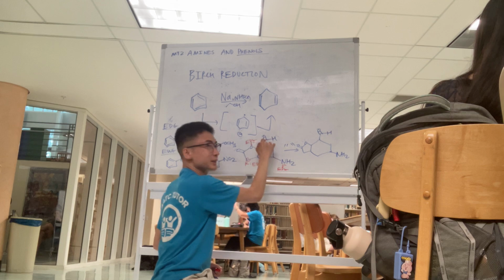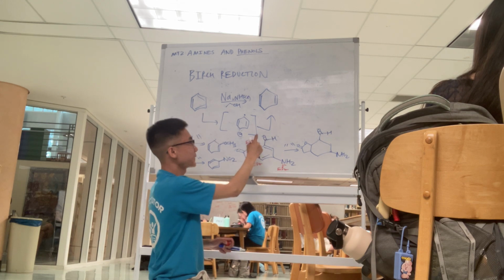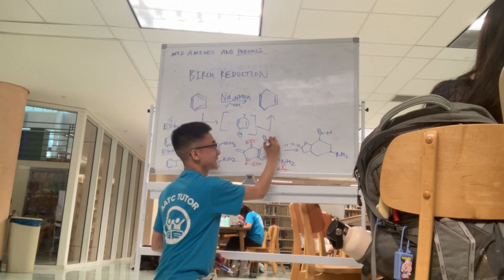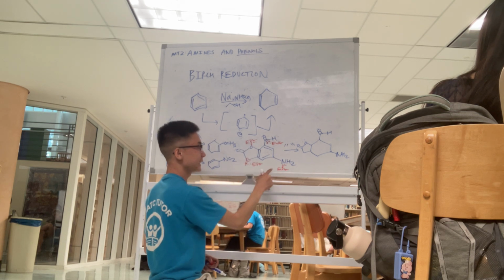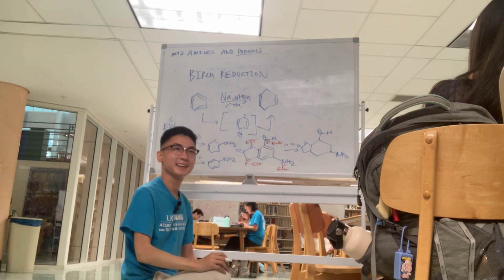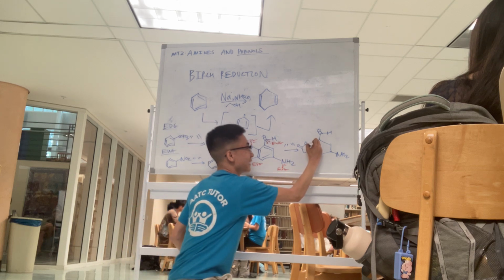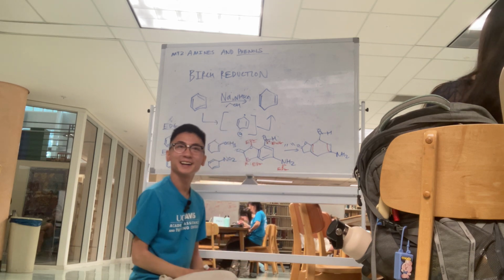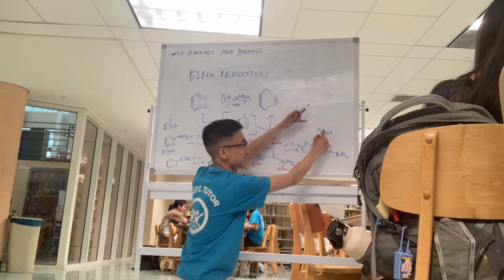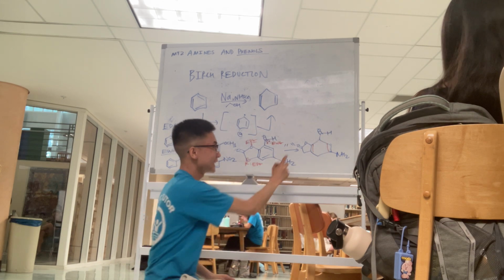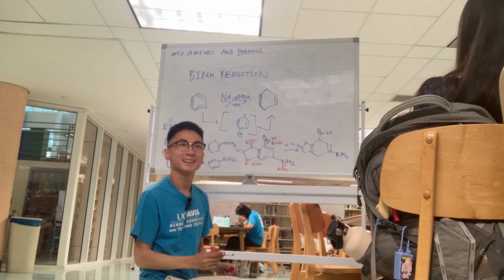This carbon here is partial positive, which is an EWG. So EDG, EDG, EDG, EWG. The negative charges here are avoiding the EDGs and they're stabilized by the EWG. So that's how you do that one.